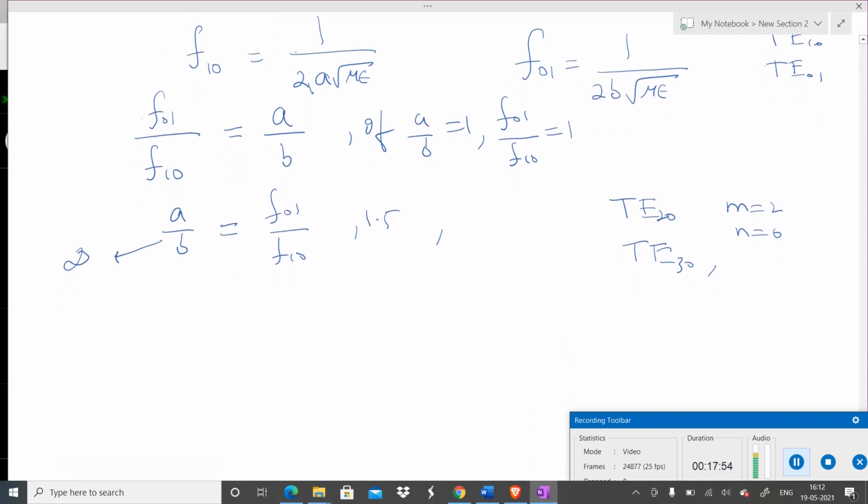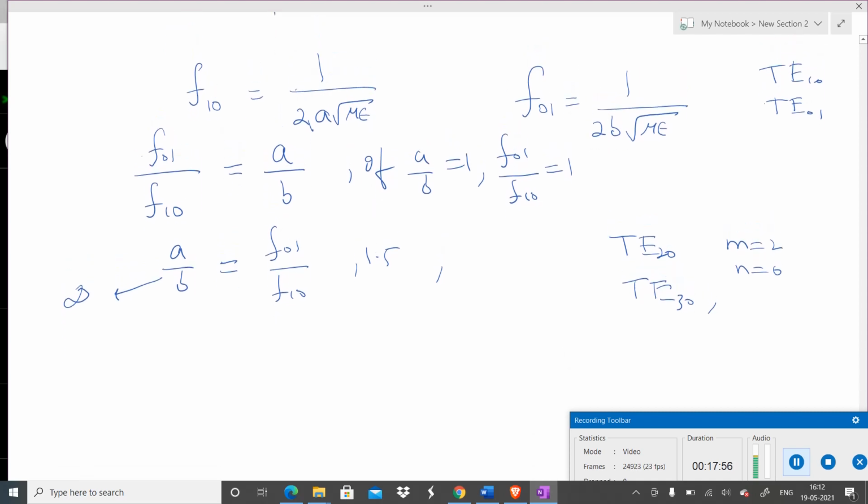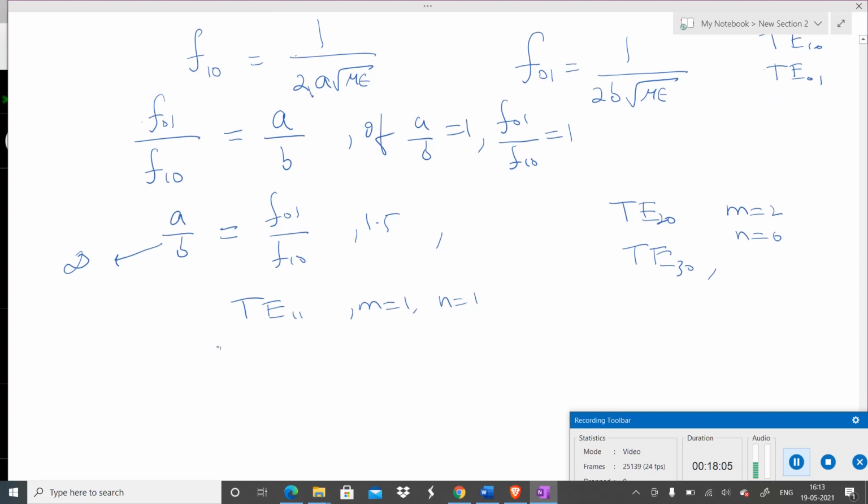Let's take an example of the TE11 mode. So for TE11, we put M equal to 1, N equal to 1. So what will we get? f11 is equal to 1 over 2 under root mu epsilon under root of 1 over A square plus 1 over B square.